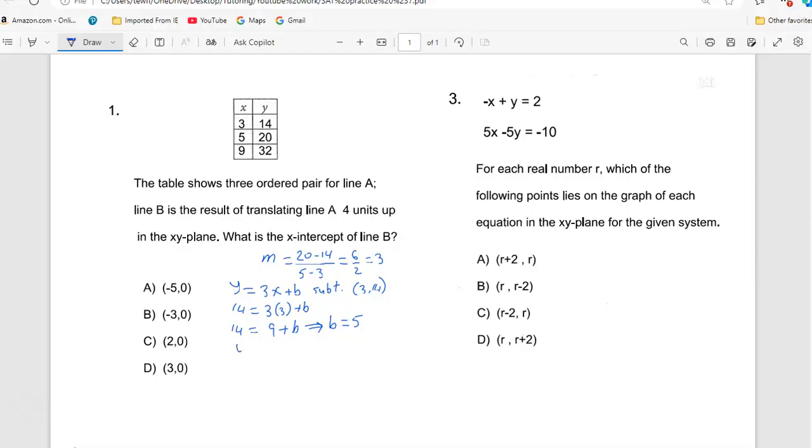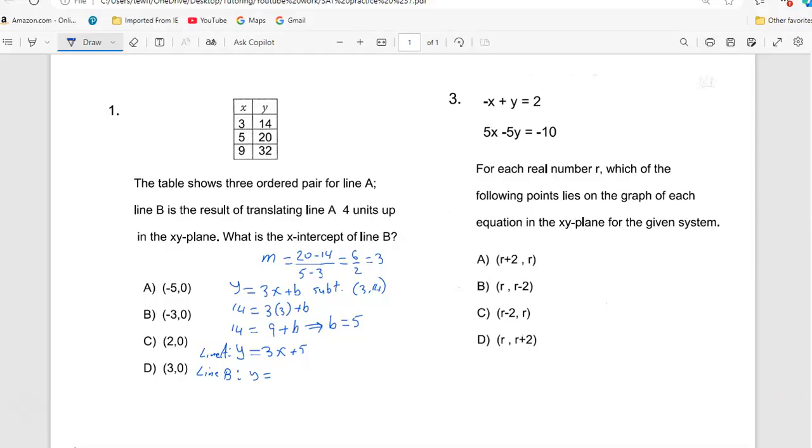So the equation for line A is y equals 3x plus 5. Now for line B, we're going to add 4 to each value of y.